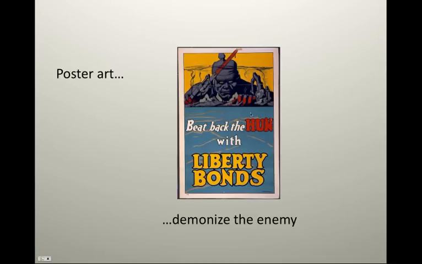Beat back the Hun becomes a kind of symbol for the German menace. This looks purely evil, this image. No wonder it inspired George Lucas to create for his character Darth Vader the silhouetted image of the German soldier from the wartime propaganda.